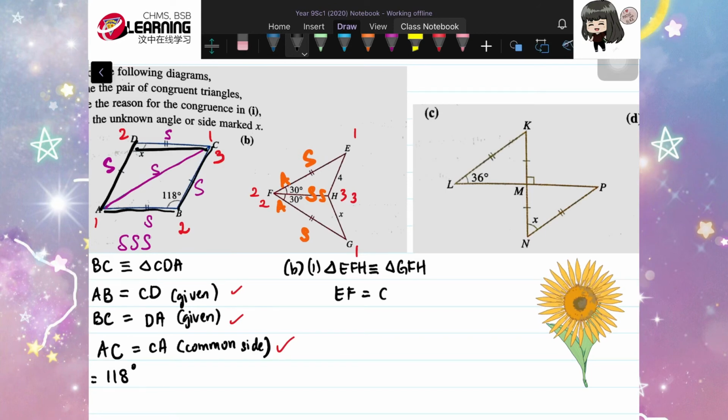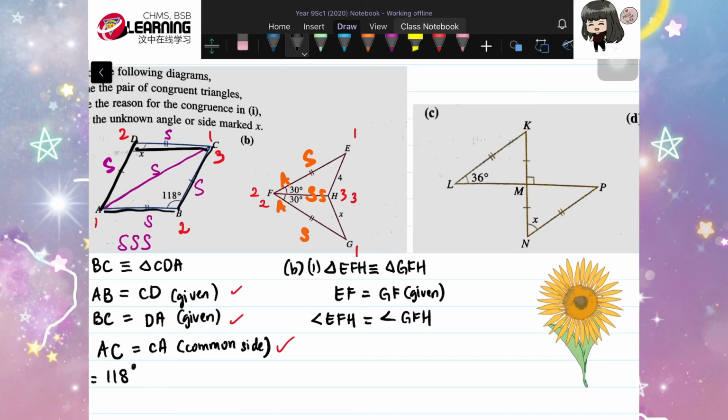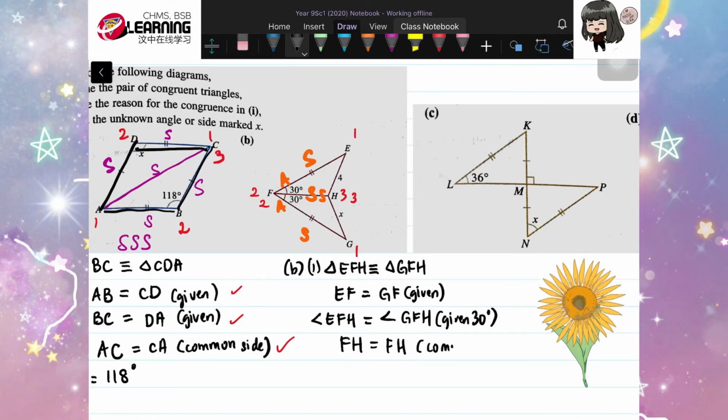The side will be EF equals to GF, given, and then we have angle EFH equals to angle GFH, given 30 degree. And the last one is FH equals to FH, same order, because they have common side. So it's side, angle, side.